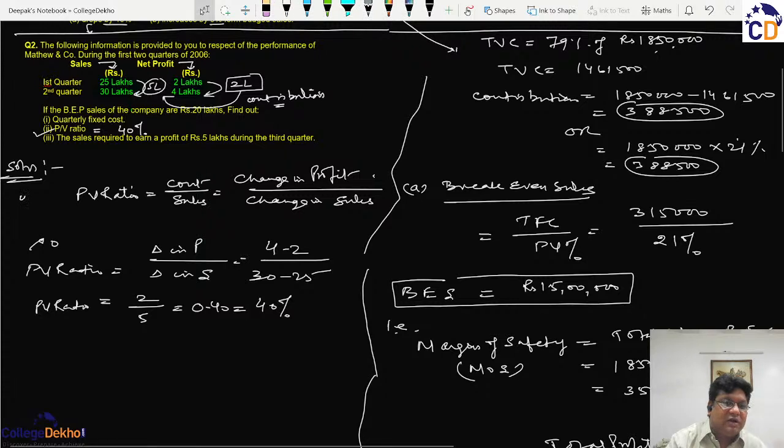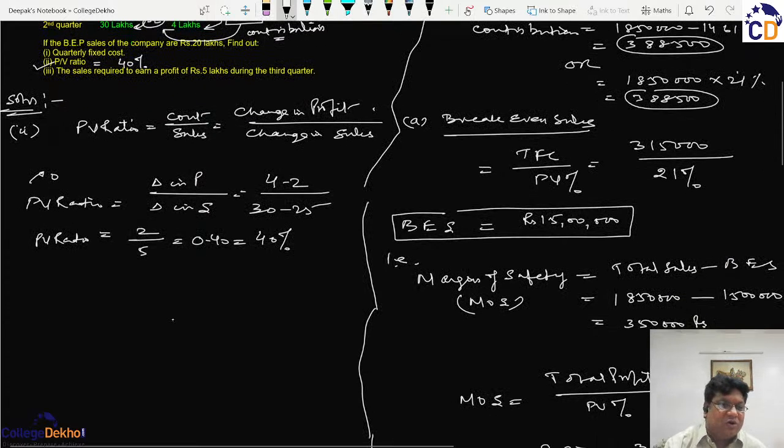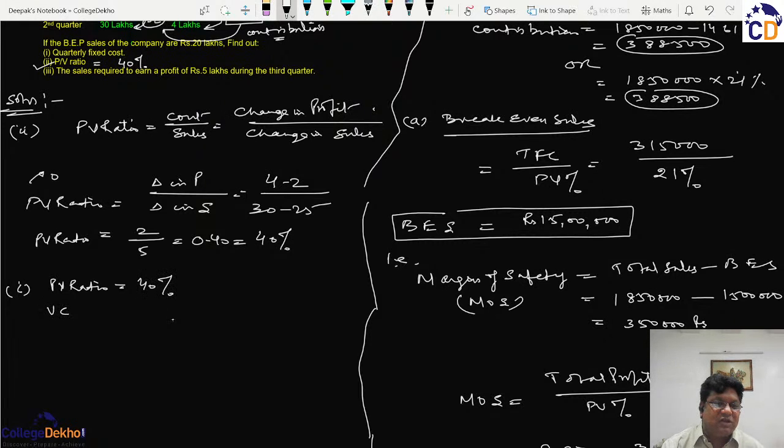So why have we done the second part earlier? Because until we know the PV ratio, we won't be able to calculate the periodical fixed cost. Now that we know the PV ratio is 40%, we can easily say that the variable cost ratio, as discussed earlier, will be 100 minus 40%, that is 60%.